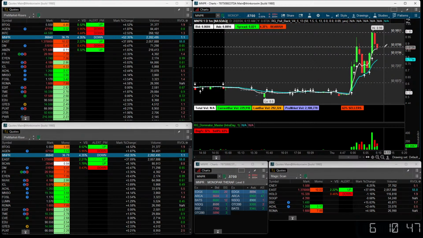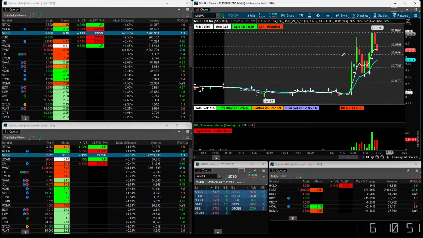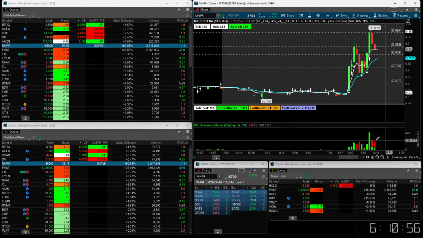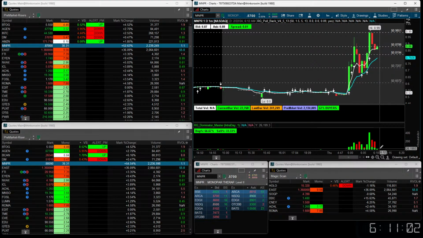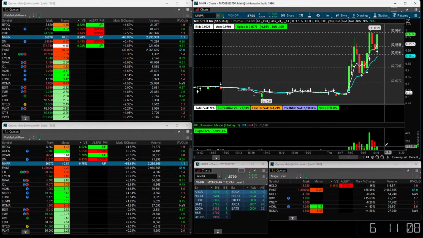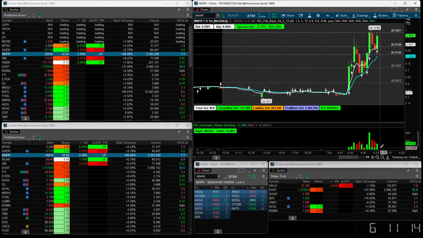This could be a possible 10 cents right here, providing the buyers come back in, and you can tell if the buyers are coming in right here. There went the buyers. Green candle coming in. It's kind of a short one. I wouldn't have known.